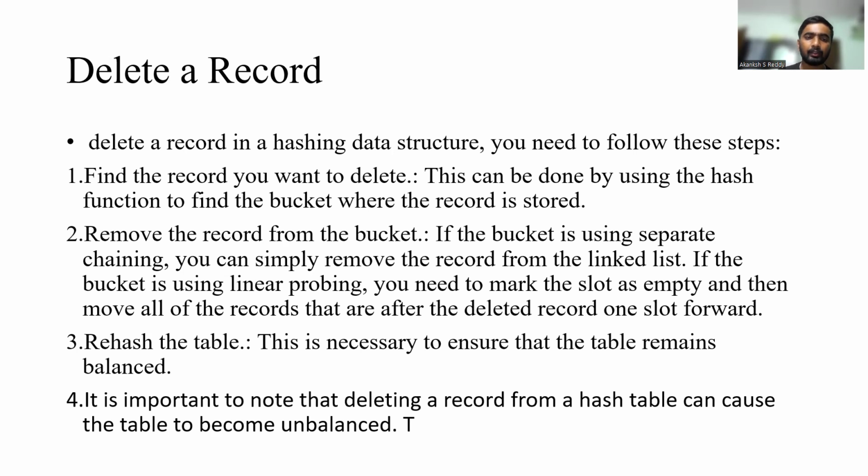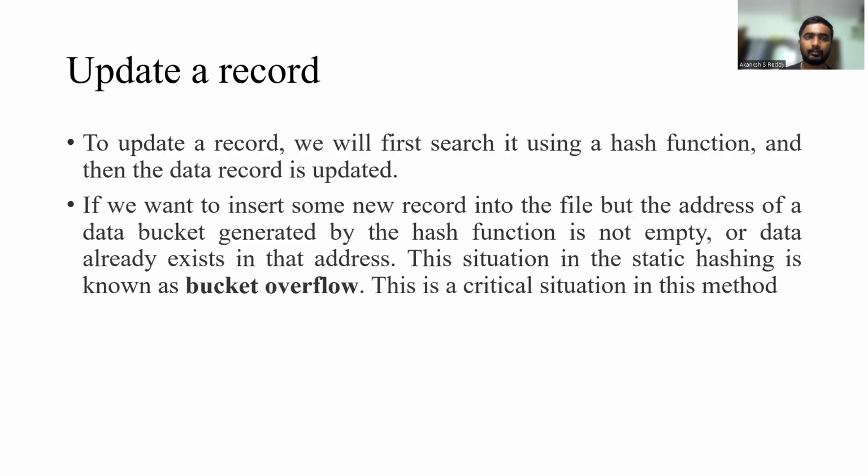If the bucket is using linear probing, you need to mark the slot as empty and then move all the records that are after the deleted record one slot forward. Rehash the table. This is necessary to ensure that the table remains balanced. It is important to note that deleting a record from the hash table can cause the table to become unbalanced.